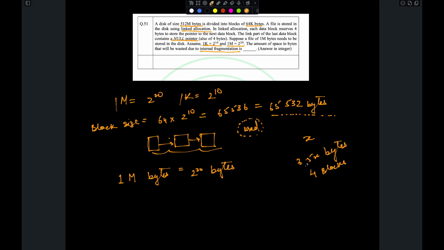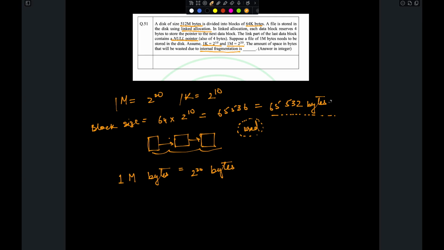But since the file is of 3.5x bytes, 0.5x bytes would go waste. And that is the internal fragmentation that is happening. So I hope you are getting what we mean by internal fragmentation. The block is consumed, but the memory is not occupied, it's empty.